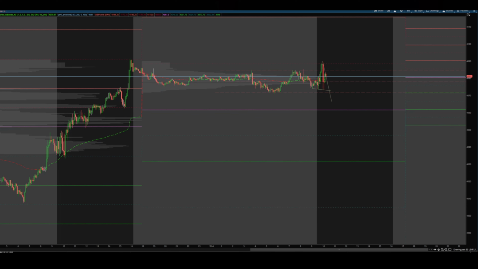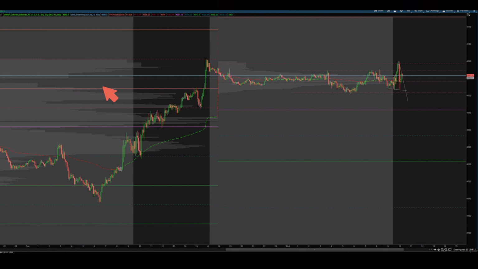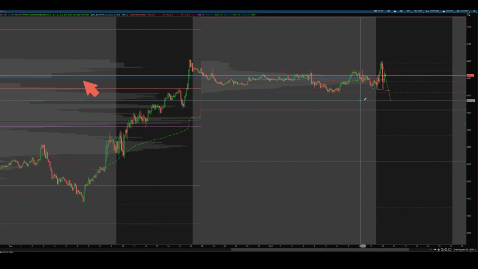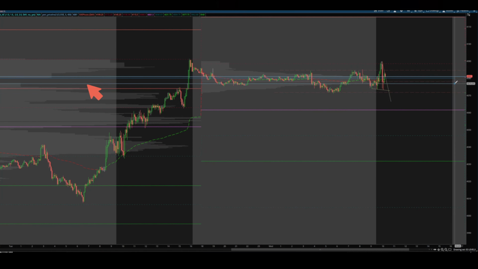Another thing I do is look at the volume profile and look at the low volume areas here. Usually the price wants to visit these areas, or the price can bounce from these areas, or if it breaks, it may continue down more.